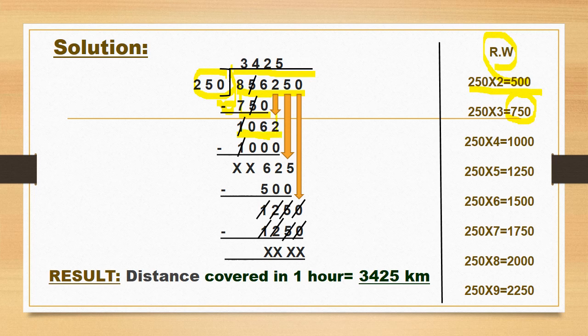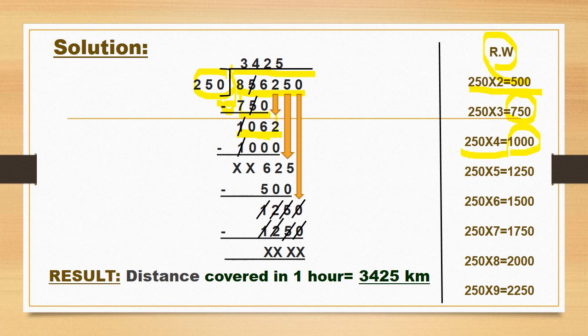1062 by 250. Now look at the rough column. Does 1062 come in the 250 times table? No, we don't have 1062 in the 250 times table, but we have 1000, which is 4 times 250.